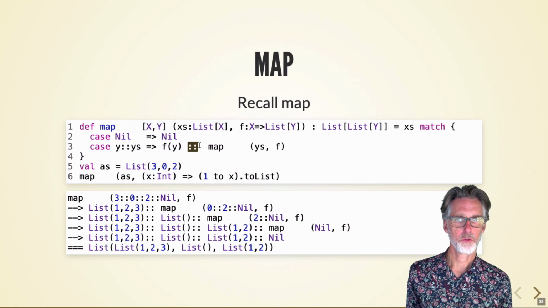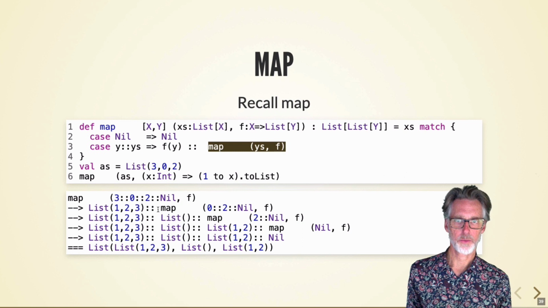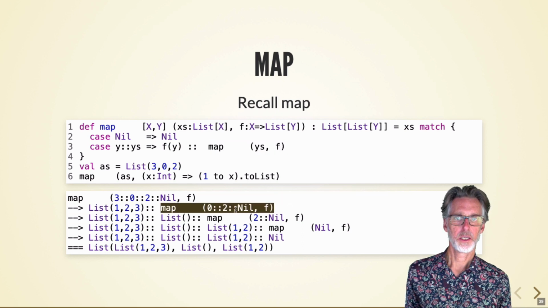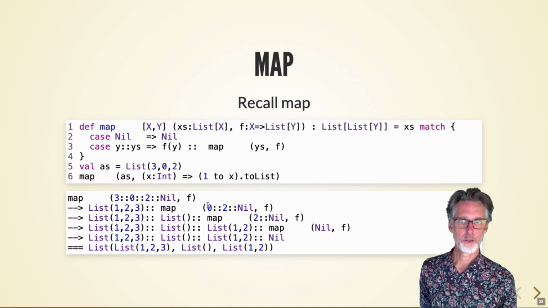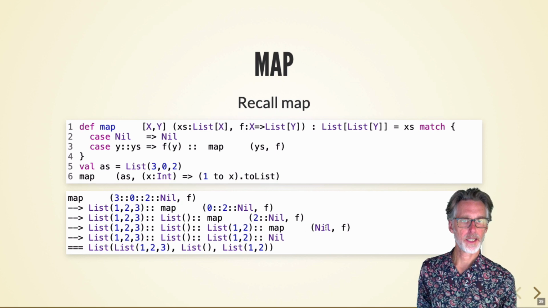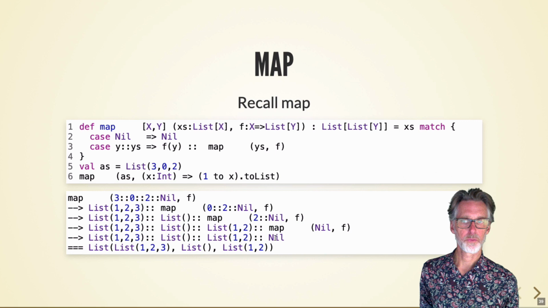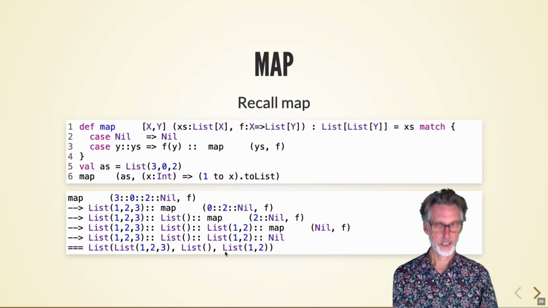We then will have a cons cell with the recursive call, as we have here. In the recursive call, we'll take y to be 0 and get an empty list. Then in the subsequent call, we'll take y to be 2, and we'll get a list of 2 elements. And finally, when we apply to nil, we'll get nil out. And as a result, we'll have a list with 3 elements, each as shown here.